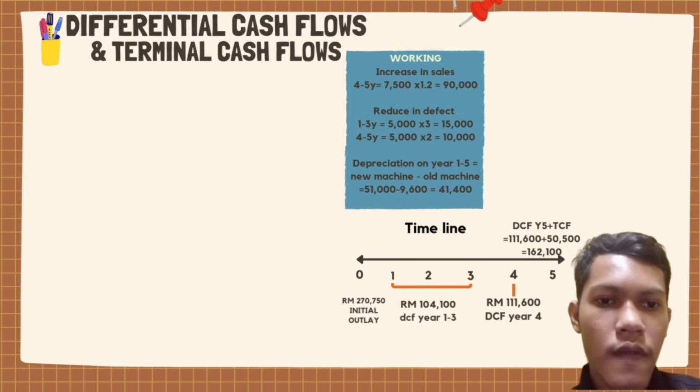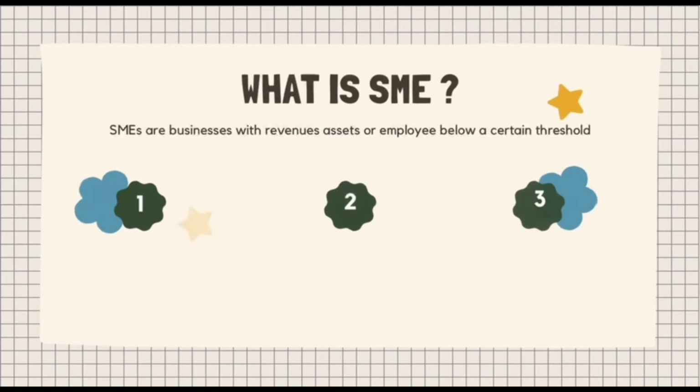The total of the present value is 338,259.32, and we minus the initial outlay, which is 270,750, and we got the net present value, which is 67,509.32.